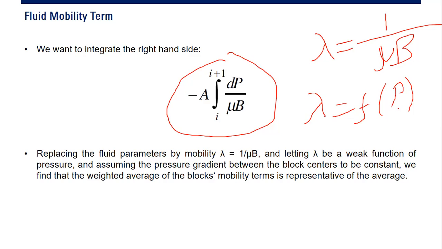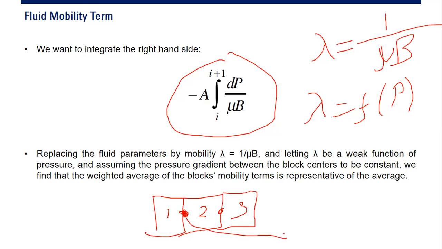So if we have some grid blocks, grid block 1, 2, and 3, the pressure gradient here and here is constant, the pressure gradient between block centers.